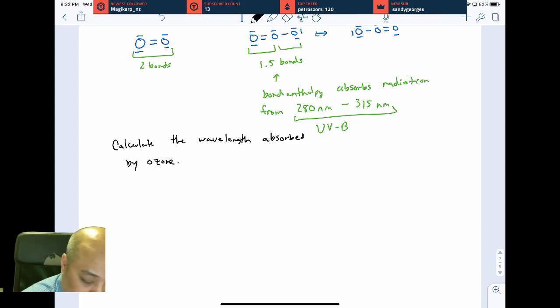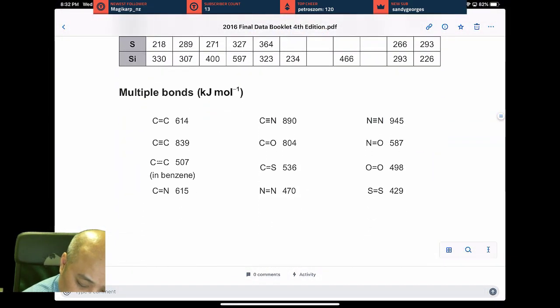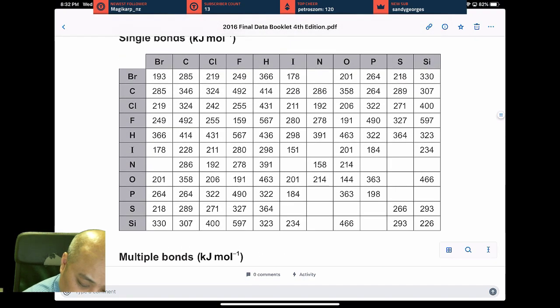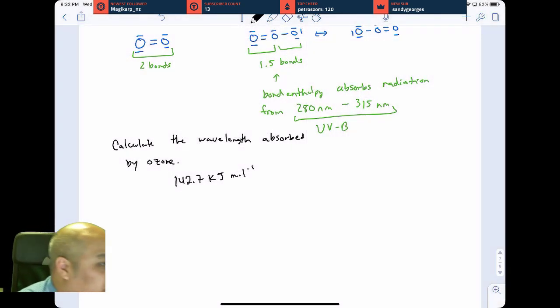Okay, so ozone has a bond enthalpy of 142.7 kilojoules per mole. That's strange, because you would think it's slightly... Am I reading this wrong?